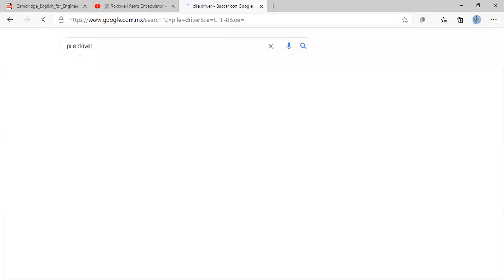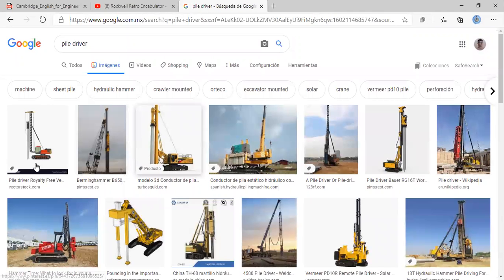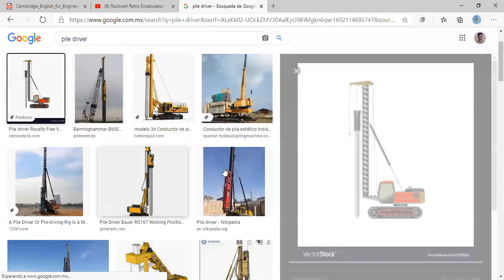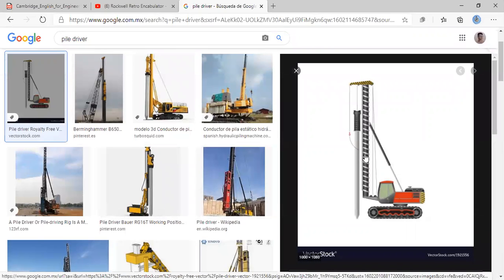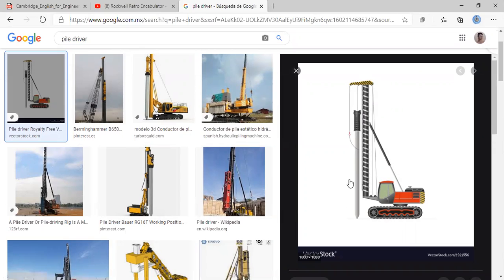Let me look for a photo. This one, the machine that makes the holes into the ground, where you establish the base. That's the pile driver. It's like a big drill, actually a big drill. Yeah, I have seen those machines.